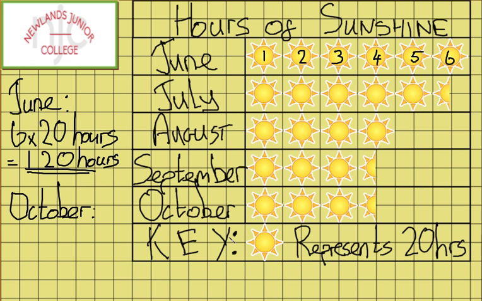So, for October, to work out how many hours of sunshine we had recorded, we count 1, 2, 3, 3.5. So for October, we would work out 3.5 multiplied by 20 hours. And that gives us a total of 70 hours.